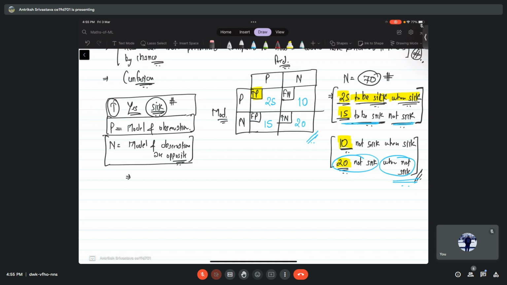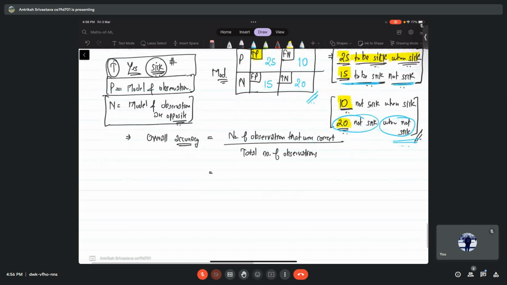Now, what is the overall accuracy of our model? Overall accuracy is defined as the number of observations that were correct divided by the total number of observations.